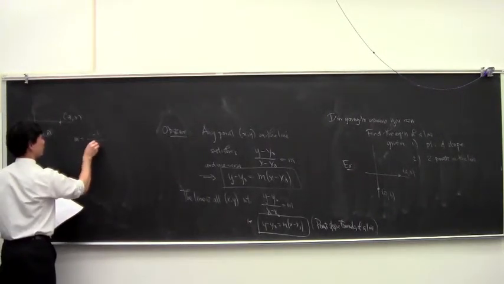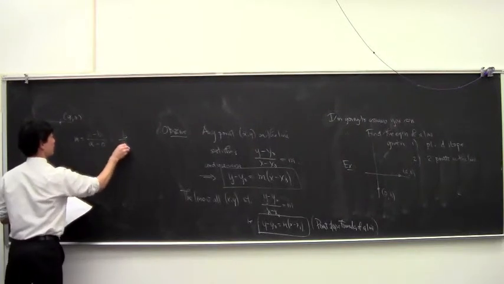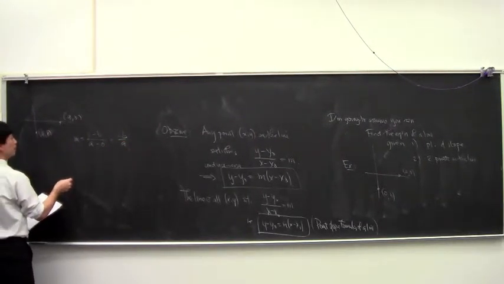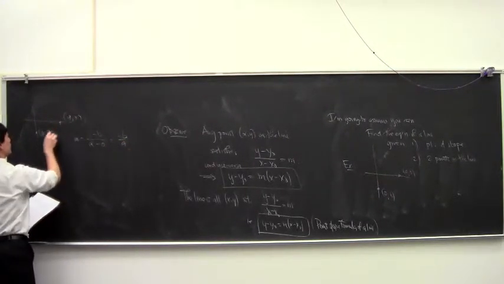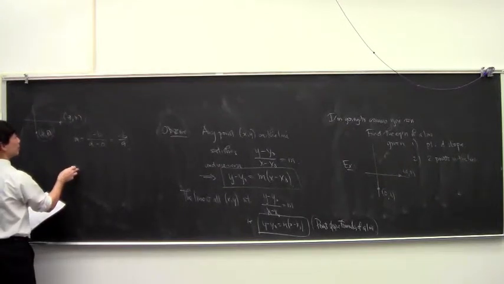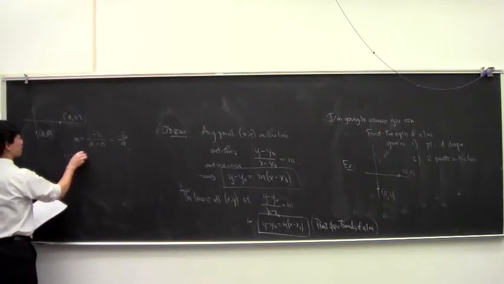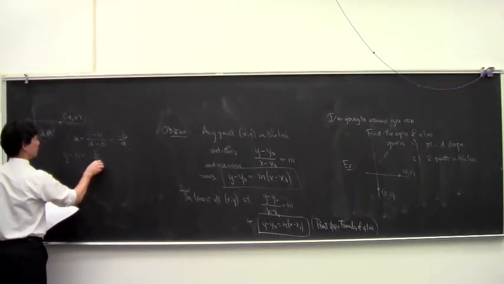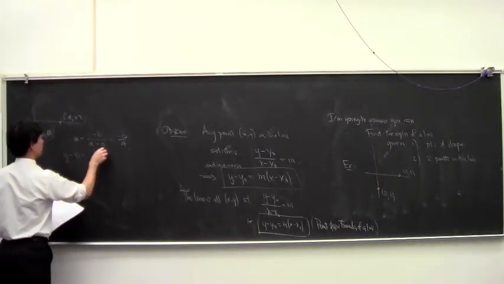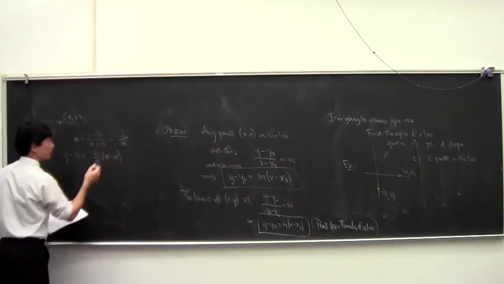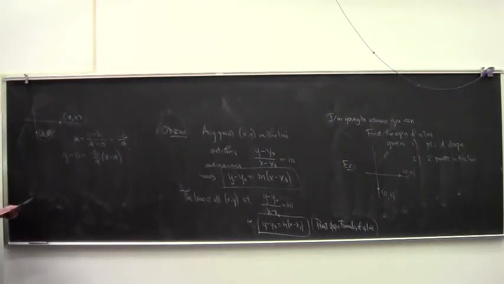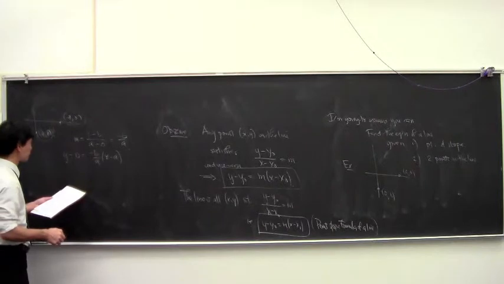Okay, negative b over a. Great. And then plug that into the point-slope formula. Which point do you want to use? (a, 0). So you get y minus 0 equals negative b over a times x minus a. Great, that's good.